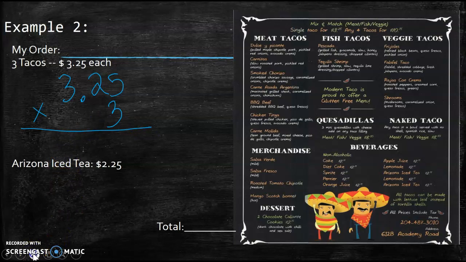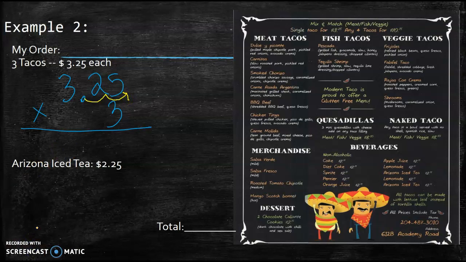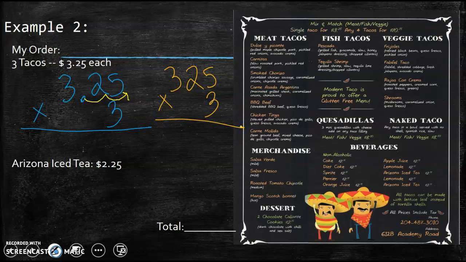So I'm going to be shifting my decimal over 2 places to the right so that I can think about my problem really being 325 times 3. And if you're good at pretending it's not there, you don't have to write it twice, but if you prefer to write it twice, sometimes it helps frame your mind a little bit.